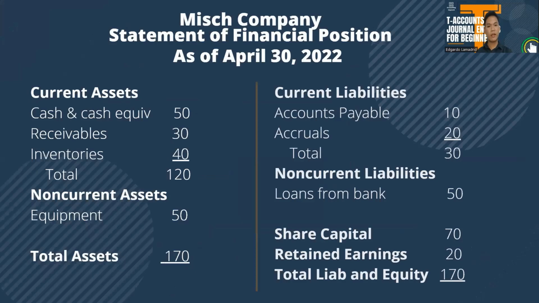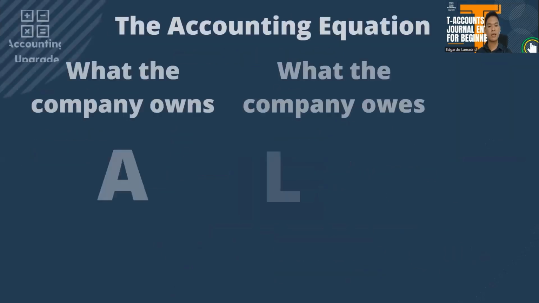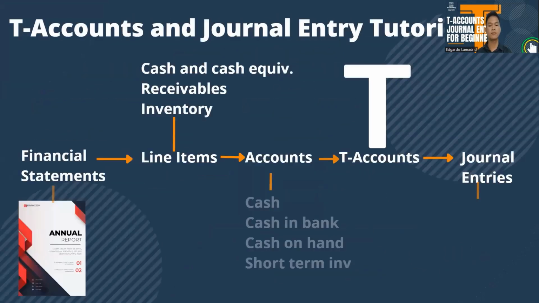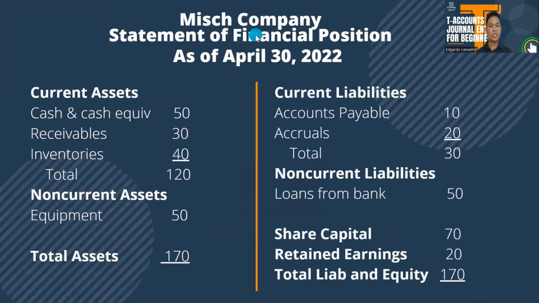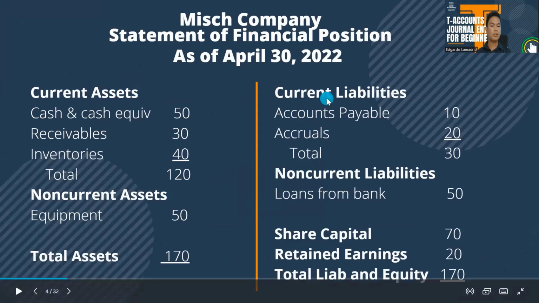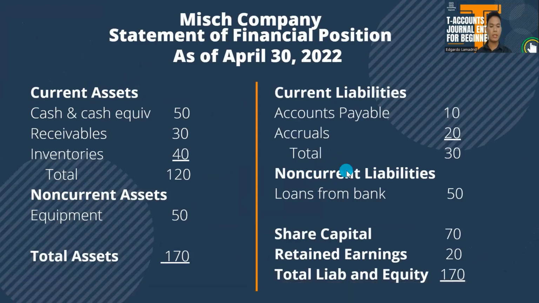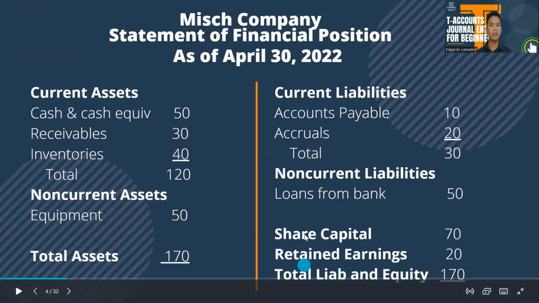So we will start by presenting the statement of financial position as discussed on the first slide. Okay? So here is the financial position of Mish Company as of April 30, 2022. As you can see, it is divided into current assets, non-current assets, current liabilities, non-current liabilities, share capital, and retained earnings.